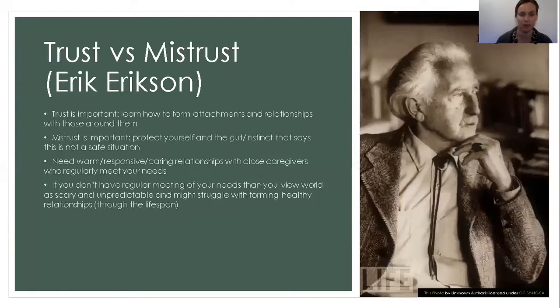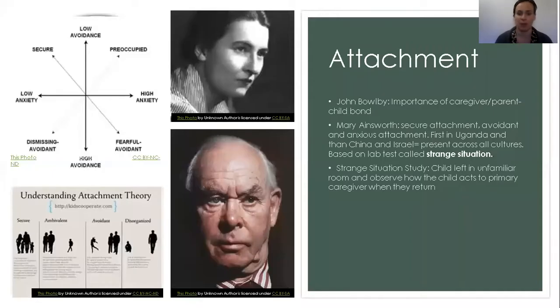Then we have somebody else who also worked in attachment theory, and that is this man right down here, John Bowlby, on the bottom right hand. He was a theorist in the 1900s, and during World War II in London, there was a lot of bombing by the Nazis.